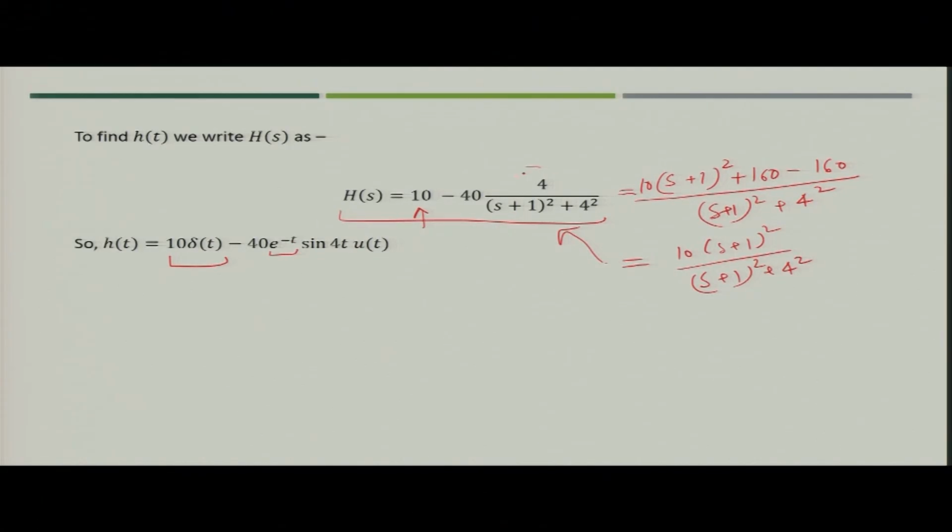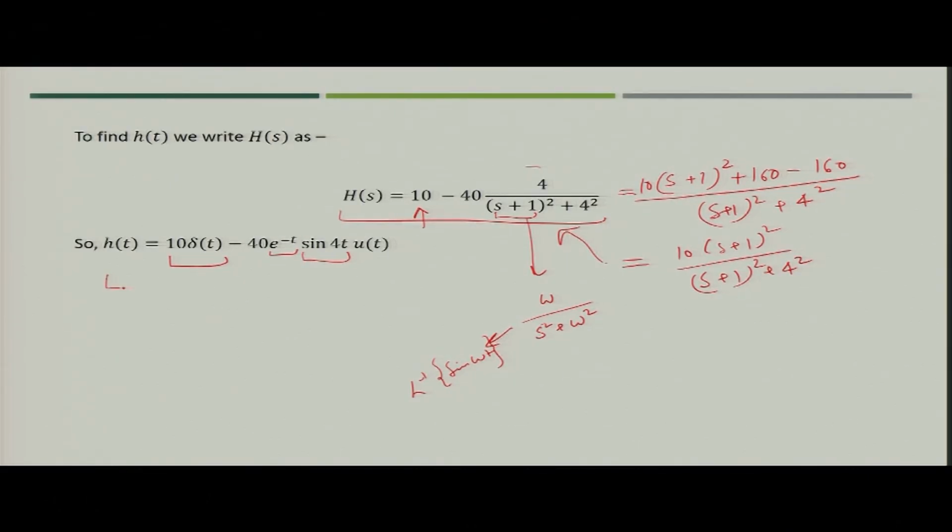Then, if you see this as omega upon S square plus omega square, it is nothing but the inverse Laplace transform of sine of omega t. So, you can correlate that omega is nothing but 4, so you can write sine 4t for this, plus for S plus 1 you will have the term e to the power minus t.